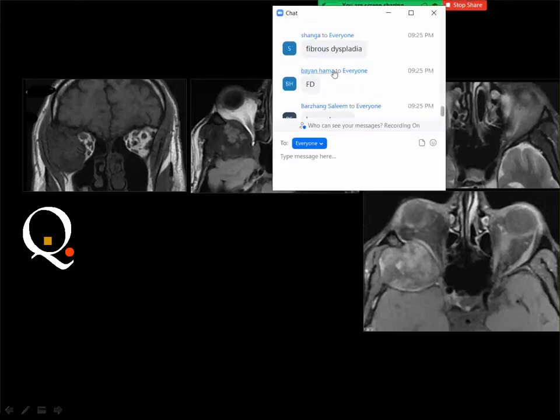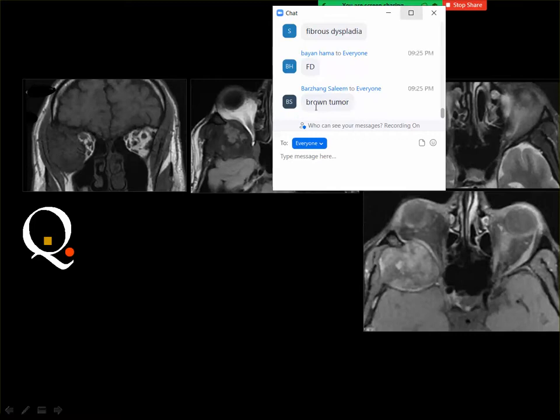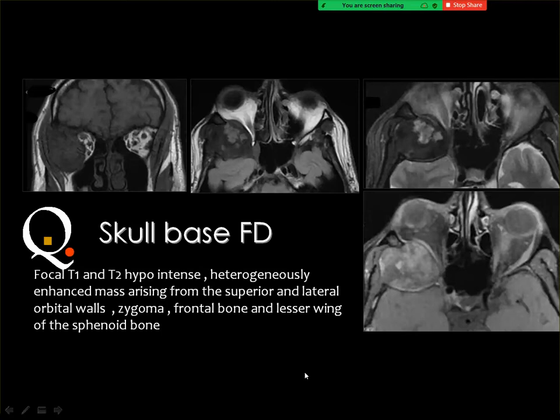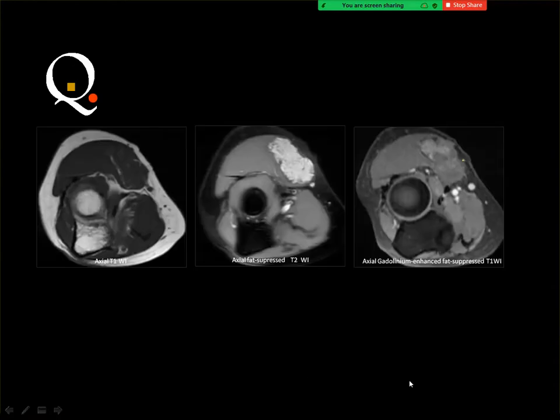Fibrous dysplasia is the right answer, but the brown tumor of hyperparathyroidism needs some clinical data to support this diagnosis. But this is fibrous dysplasia and a good diagnostic possibility. Of course, it's difficult to diagnose fibrous dysplasia by MRI because of the abnormal signal, but the plain film may be even more beneficial than the MRI.